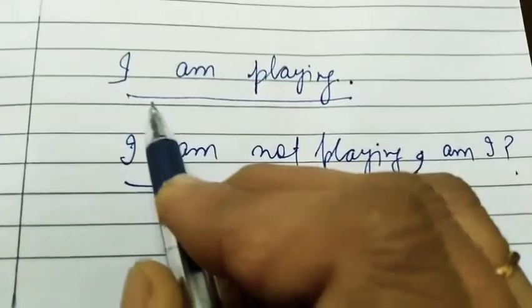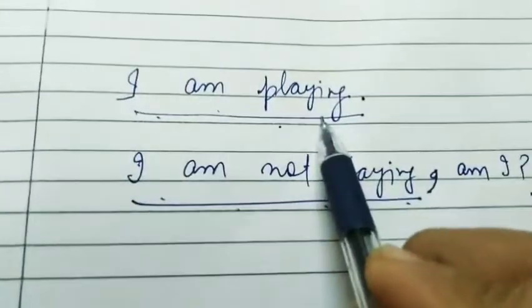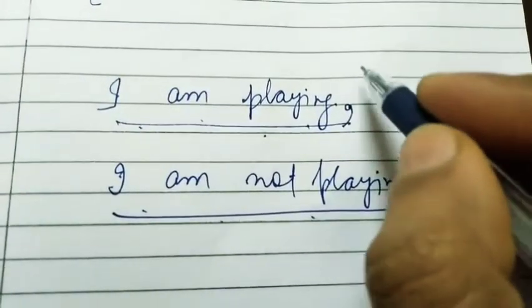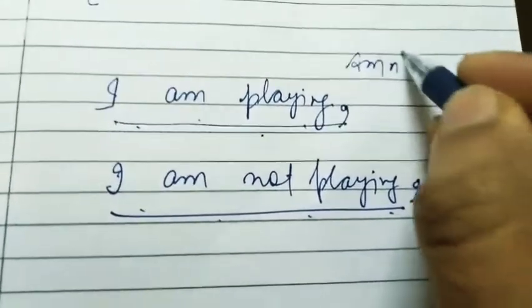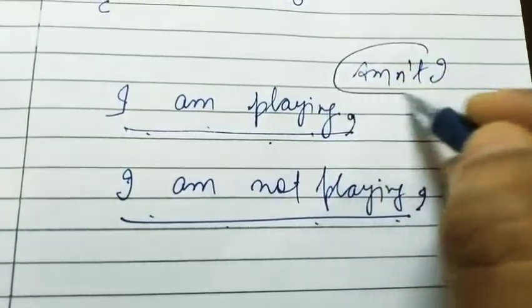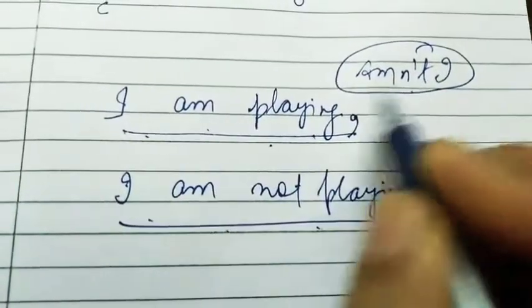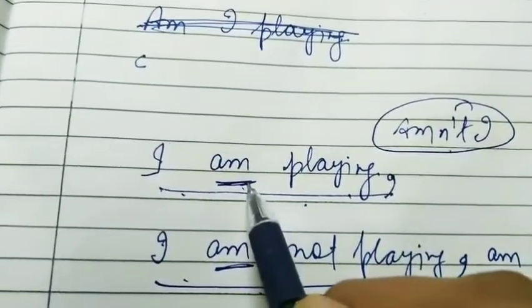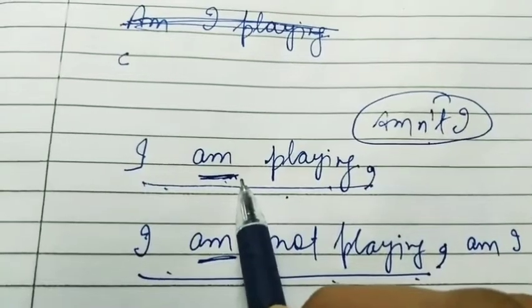okay. But in this case, Raje, I am playing, what will be the question format? It will not be amn't I. This is wrong, okay. This is the exception in case of the helping verb am.